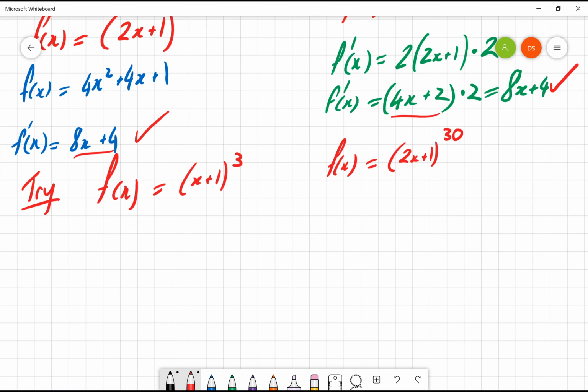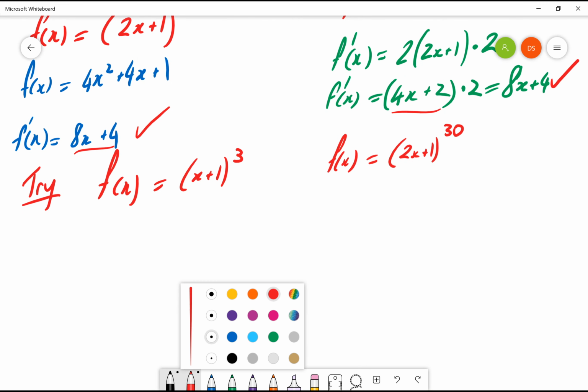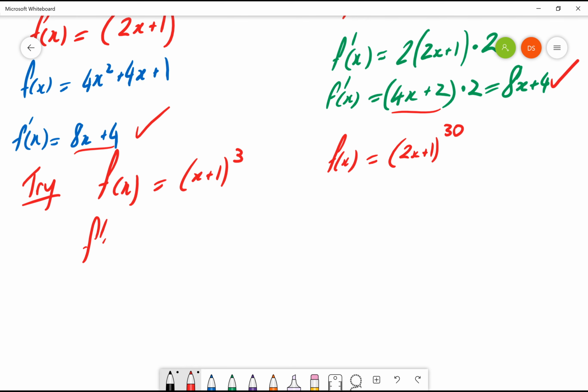So check it. This left one, the derivative of this is multiply by the power, take 1 off the power.